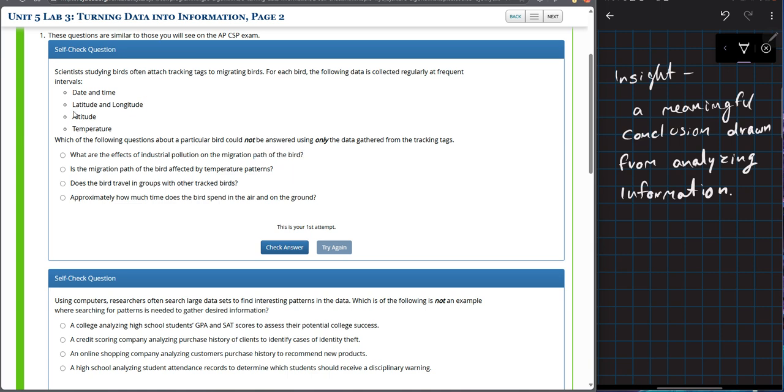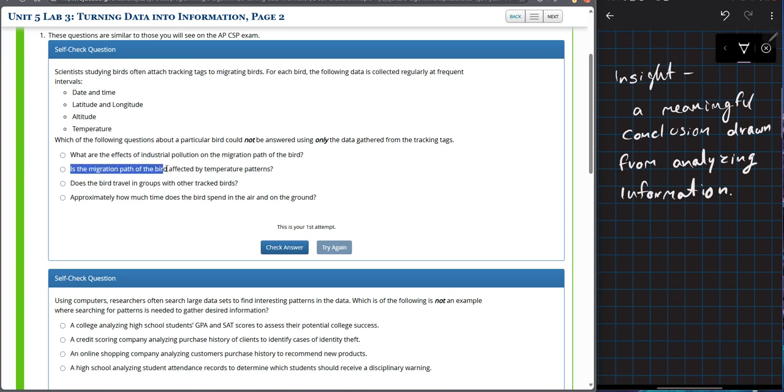Because we'll know its location, its latitude and longitude. And we know industrial pollution from other places, maybe the temperature. So this maybe, because we don't really know the industrial pollution, right? We can't just measure it from these things. We will know the path, but we don't know the industrial pollution of that specific path.